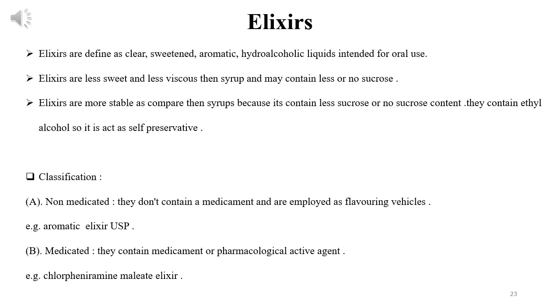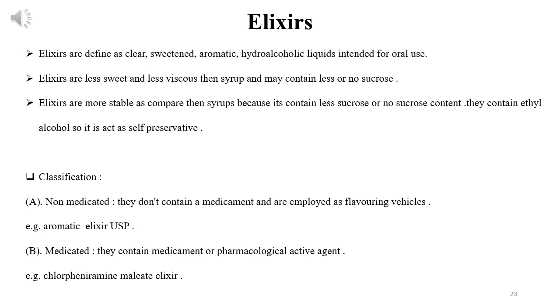They are less sweet and less viscous than syrup and may contain less or no sucrose, but syrup containing sucrose or a form other than sucrose is mandatory. Elixirs are more stable than syrup because they contain less or no sucrose. They contain ethyl alcohol, which acts as a self preservative.